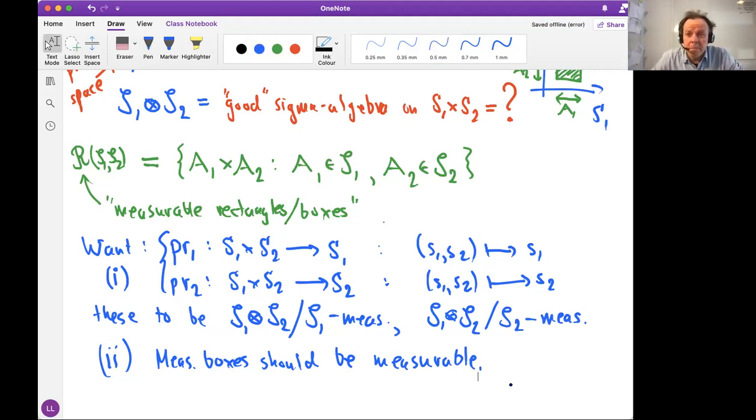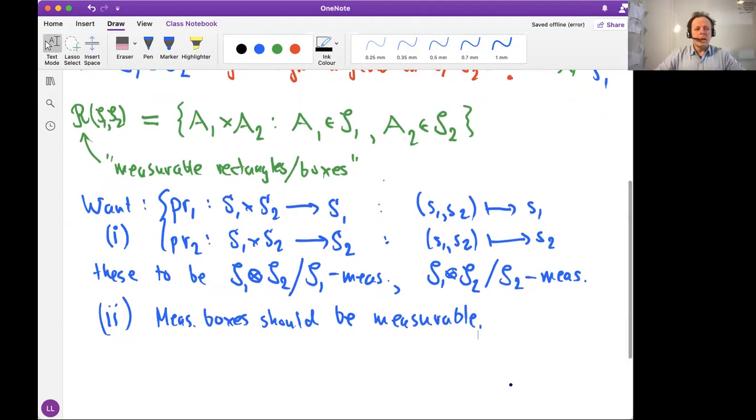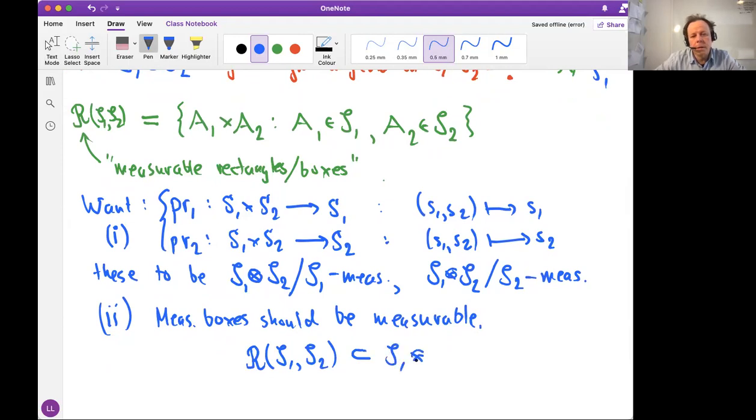Because why else call them measurable if they are not measurable? Okay, what does it mean, to be precise? It means that every member of this collection R, S1, S2, should also be a member of the sigma algebra on the product space where we want. So we have two wishes that we want.